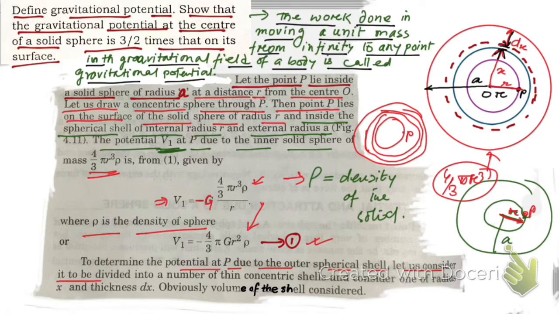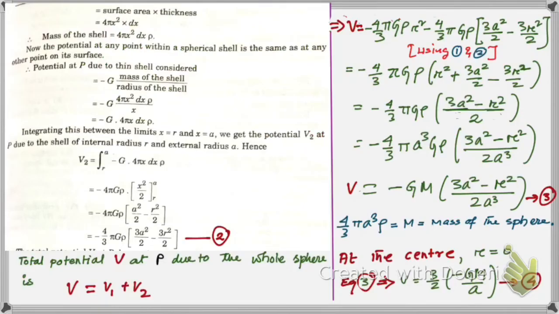Now the volume of the shell should be considered here. Let's go to the next slide. Here you see the volume of the shell will be surface area times thickness, right?